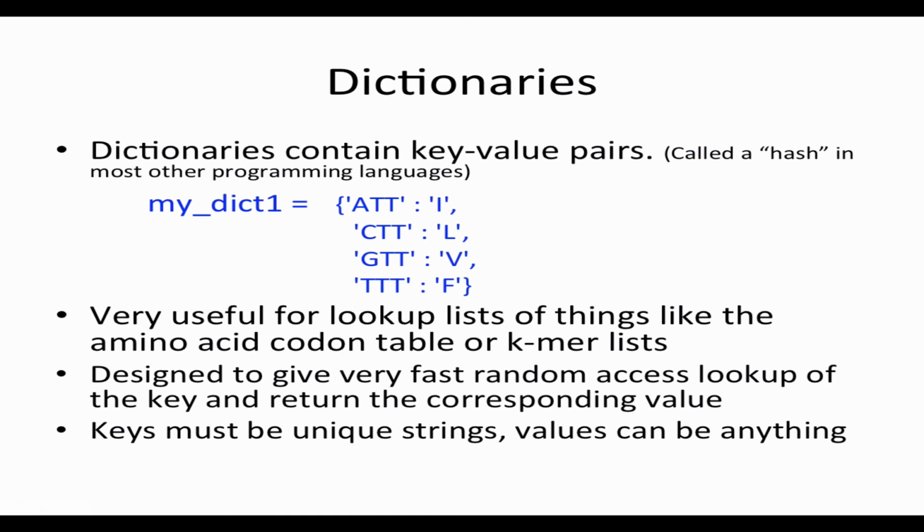Valine has several different codons, but for every codon, there's a unique amino acid that it produces. And every codon is only in the table once, right? You only have one lookup value for ACA. It always gives you the same unambiguous result. So that's a dictionary.